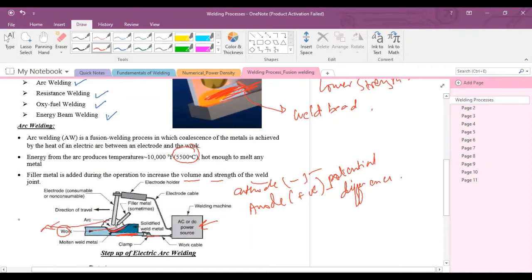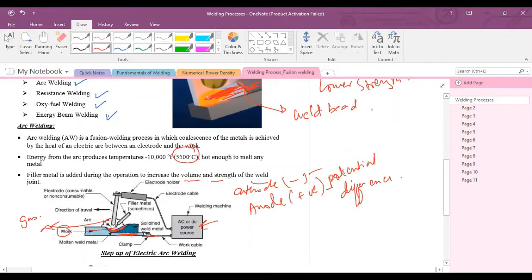This white thing is called shielding gas. Or sometimes, when there is no shielding gas, the filler material or electrode has a coating called flux, and this flux melts during the welding process. This flux creates a protective cloud around the molten pool, because it prevents the molten pool from reacting with nitrogen and oxygen to create oxides over the weld joint.